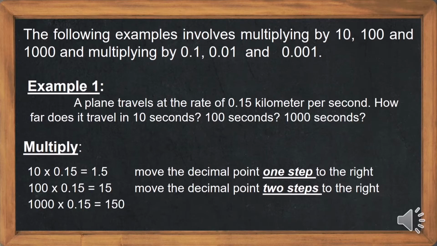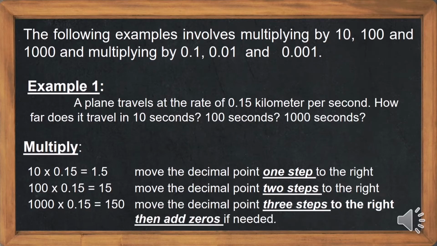Next, for 1,000, we have 1,000 times 0.15. That gives us 150. Ano ang sinabi? Move the decimal point 3 steps to the right. Then add zeros if needed.